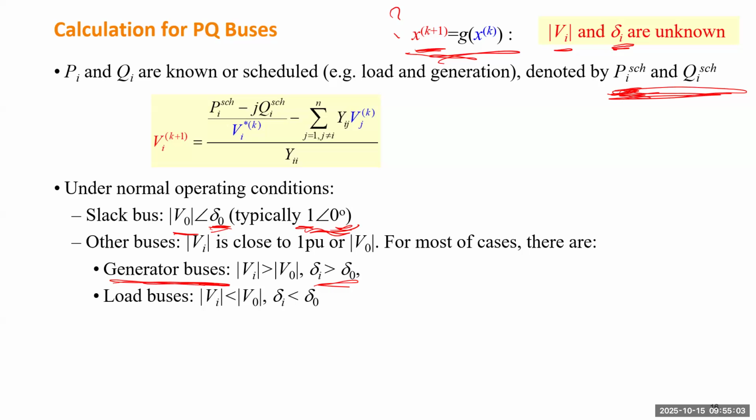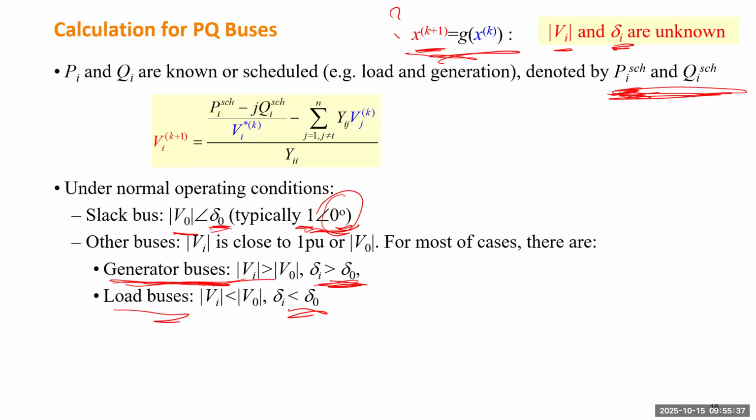If we assume the slack bus to be 0, which is like a mean value of the angle, generator buses need to have slightly higher angle than the slack bus angle, and load buses can have a slightly lower angle. For instance, to determine a good initial estimate for any generator bus, I make the initial angle maybe 5 degrees, 10 degrees, whatever.